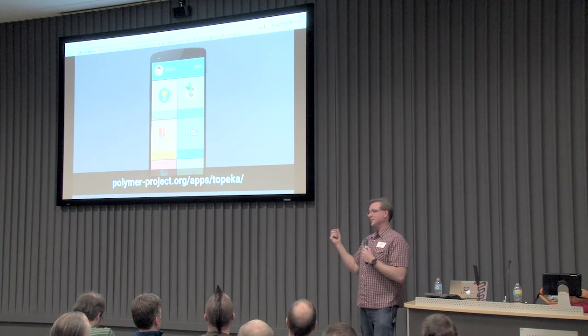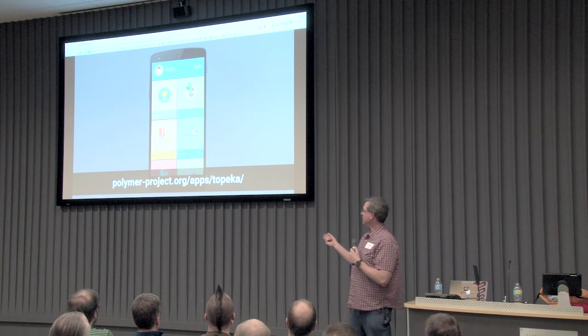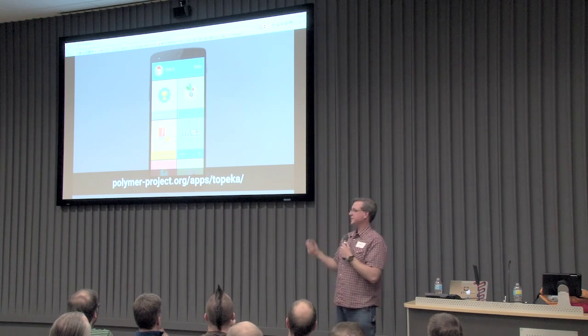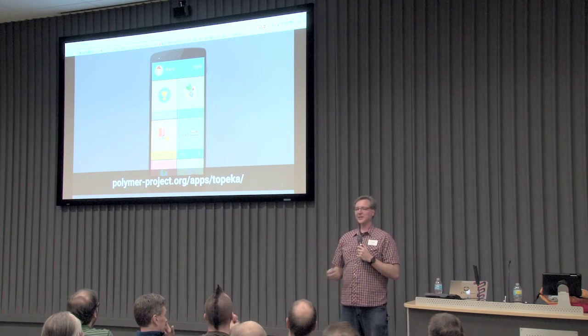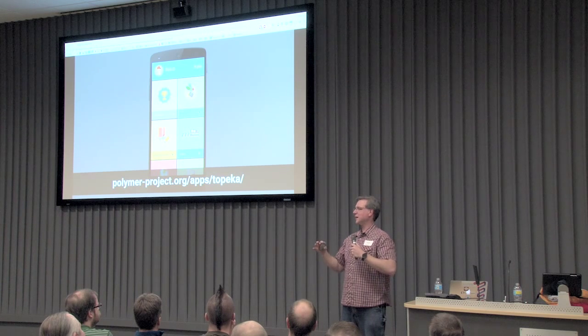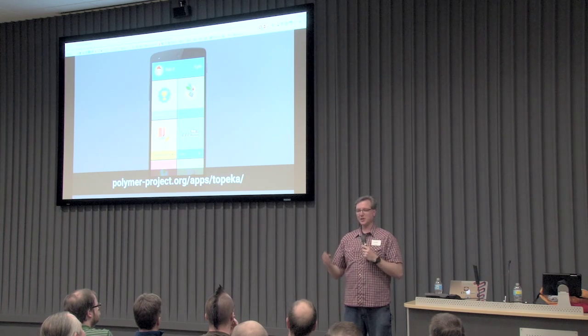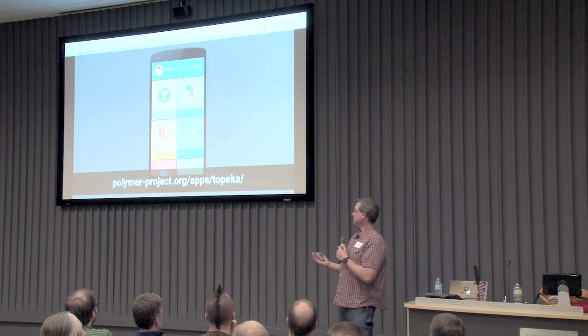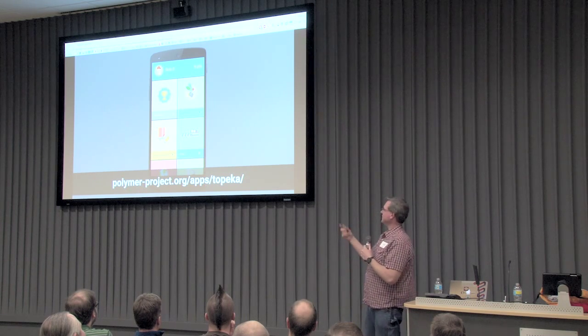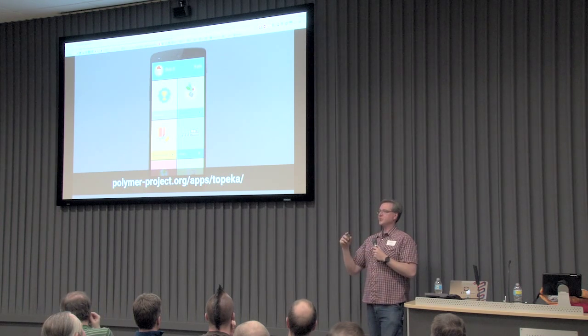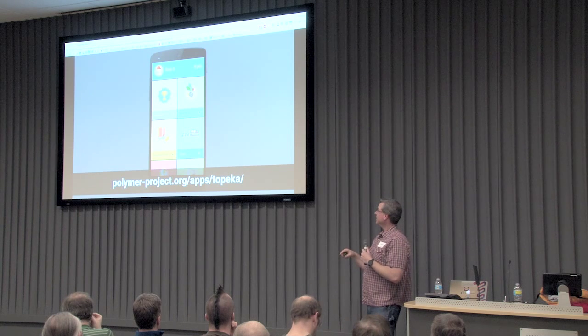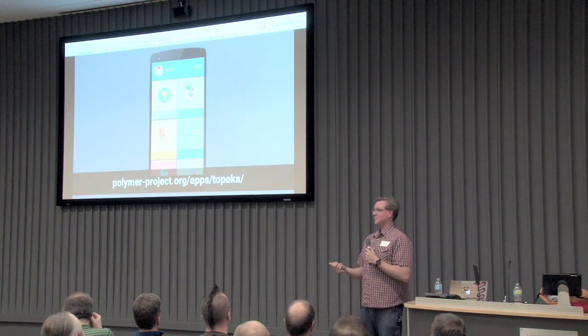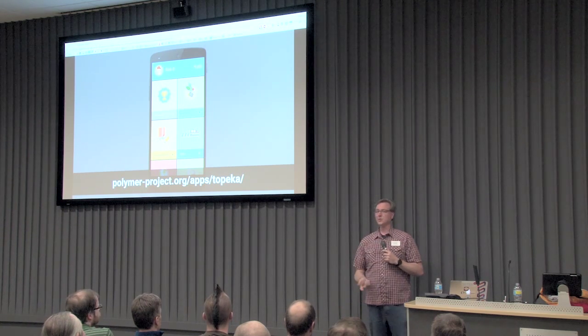So there's a project out on the Polymer projects called their Topeka app, which is their flagship project where they've combined all of these Polymer elements into a pretty usable app. It's a little quiz app where you have to answer some questions. And it looks really nice on a desktop device or a mobile device.